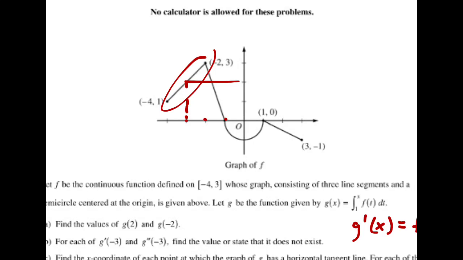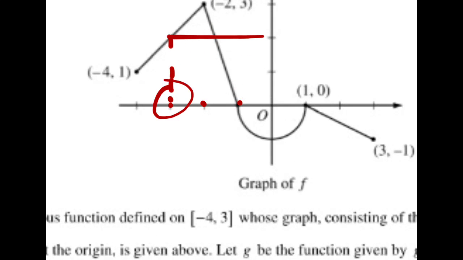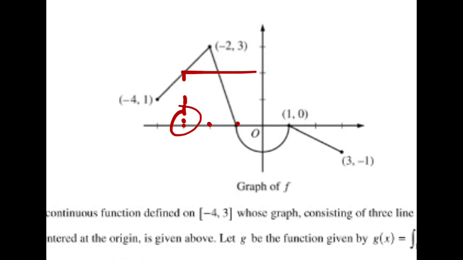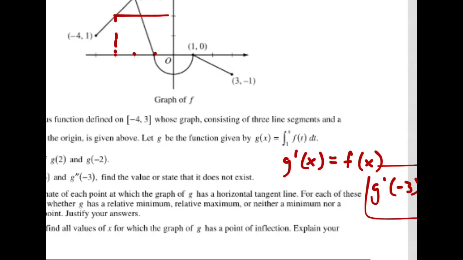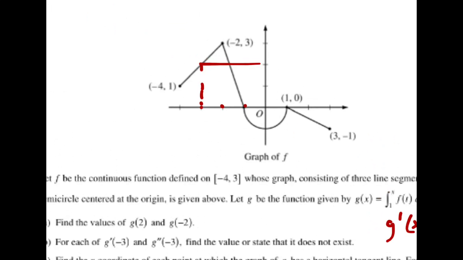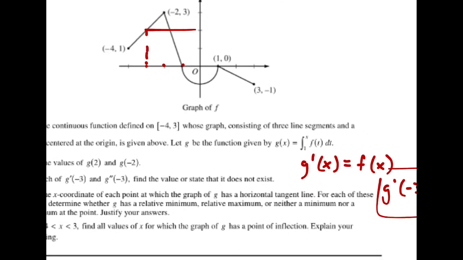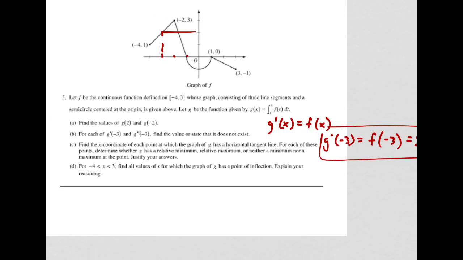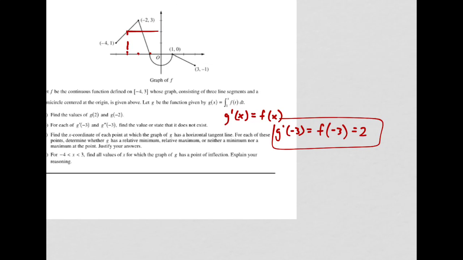If you find an equation for that, then you could just plug in negative 3, and then you would get 2. So if you want to justify it, that's how you would justify it. You get the equation for that line segment, and then plug in negative 3. But it doesn't ask us to justify, and I know that it is that, because I did actually do that. So maybe, if you have time, do that just to make sure that it is actually 2.